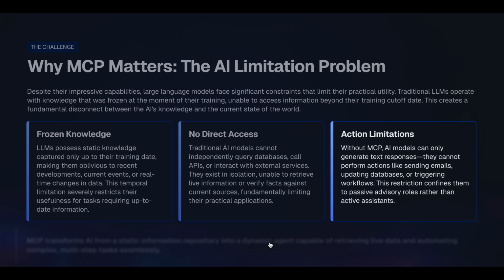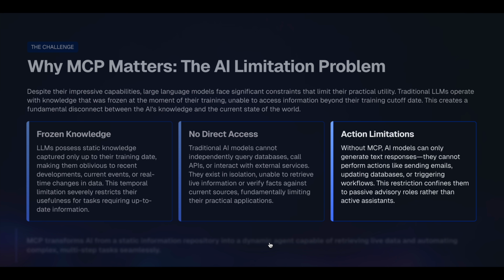Also, you can't create so many APIs or so many frameworks for traditional AI models to directly interact, right? So there has to be a universal protocol which allows AI models to interact in a specific, standardized way.